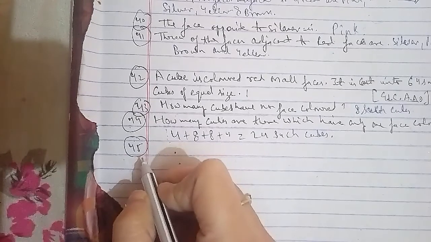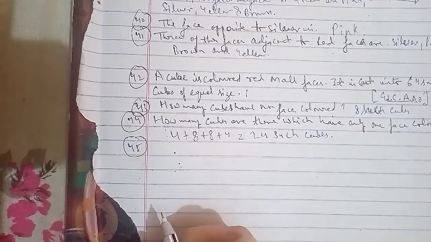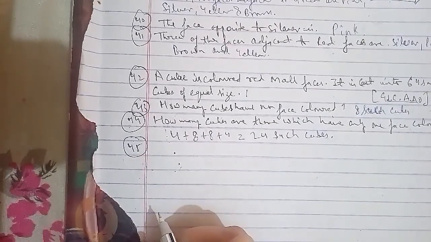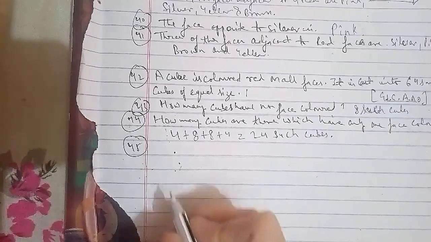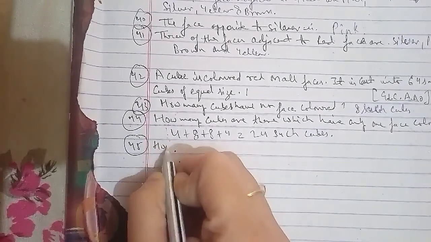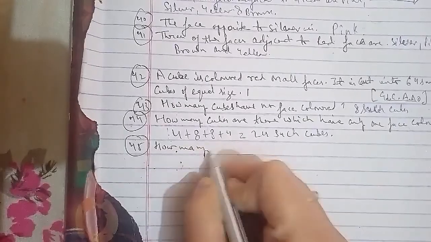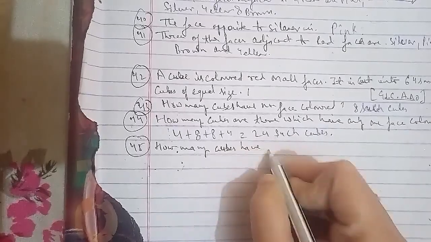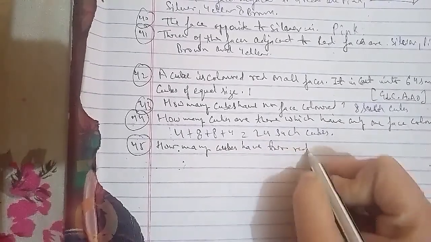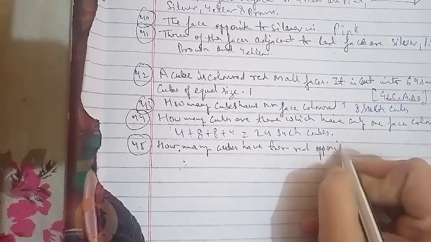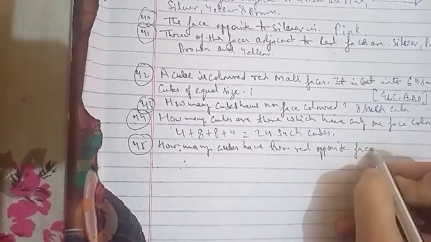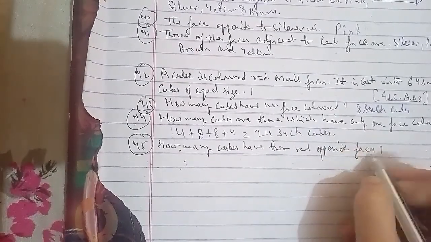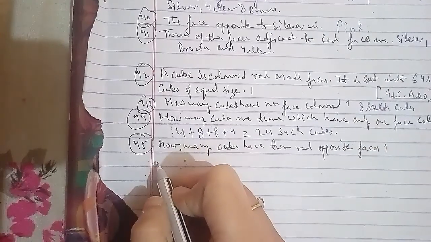The options we have are 0, 8, 16 and 24. Here none of the cubes can have its opposite faces colored, so the answer is none, that is, 0.